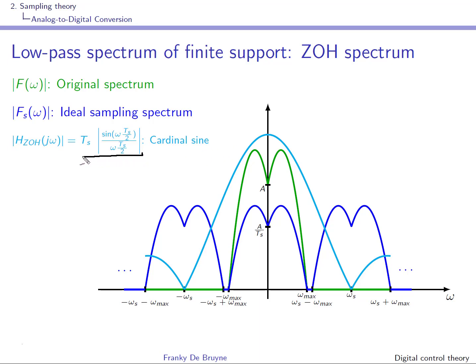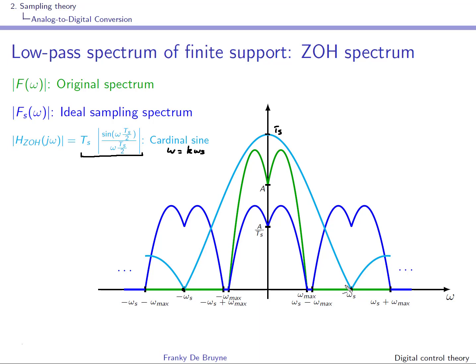You observe that at zero frequency you have Ts over here, and you can also clearly see that at frequencies omega equal to k omega s, this sine here will produce zeros. This is what you see over here, and further on the line as well.